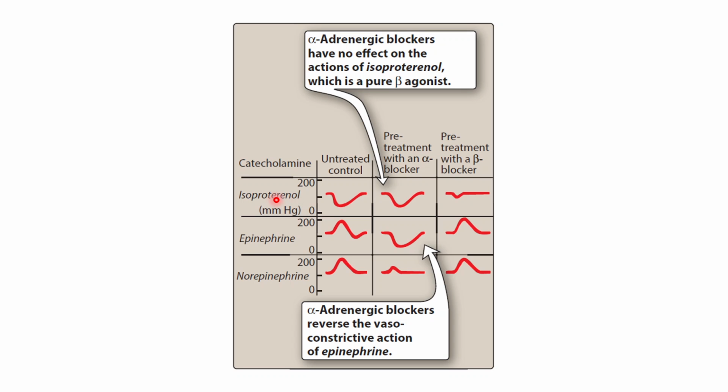Isoproterenol is a pure beta adrenomimetic, and that is why alpha blockers will not influence isoproterenol. Because it only stimulates the beta receptors, it will not act on the alpha receptors. Phenoxybenzamine can be used for the treatment of pheochromocytoma, a tumor of the adrenal medulla, during which adrenaline is released in the blood in large amounts.